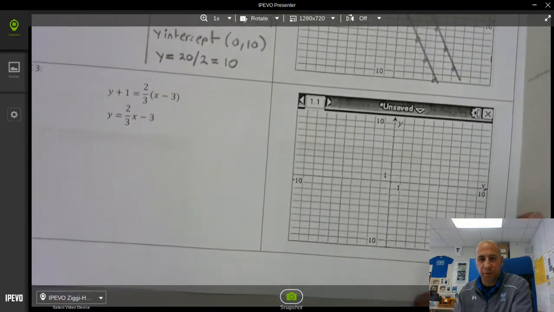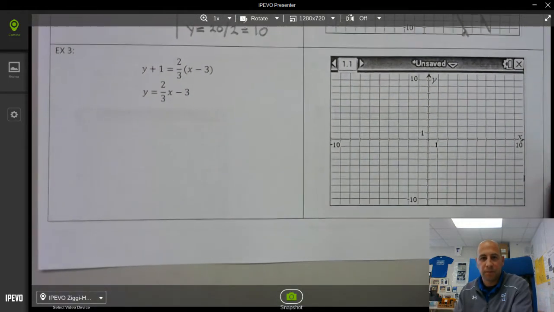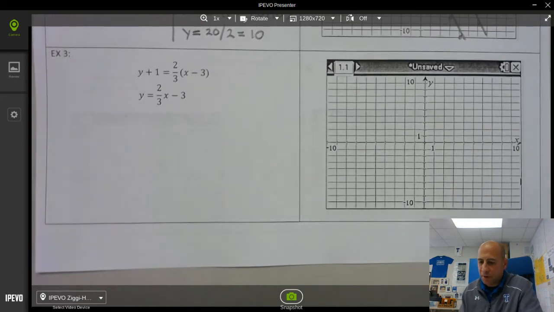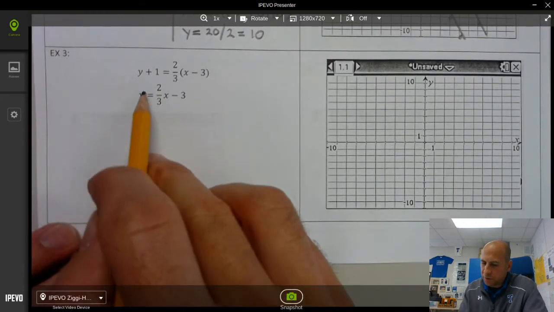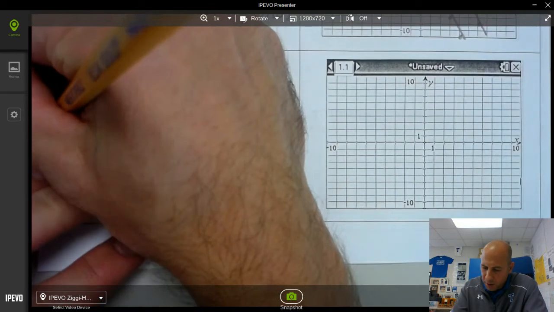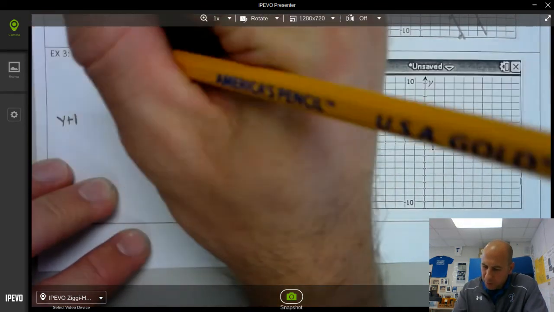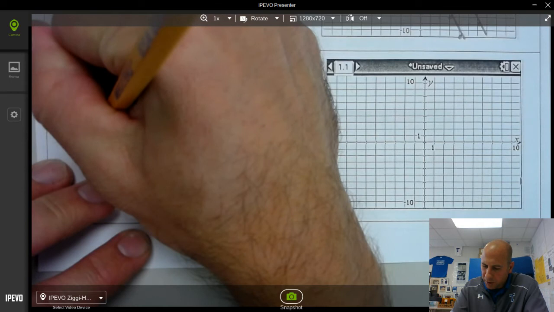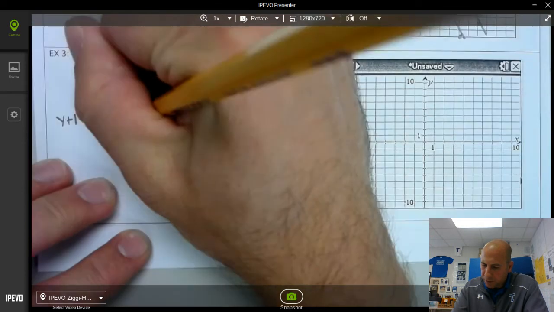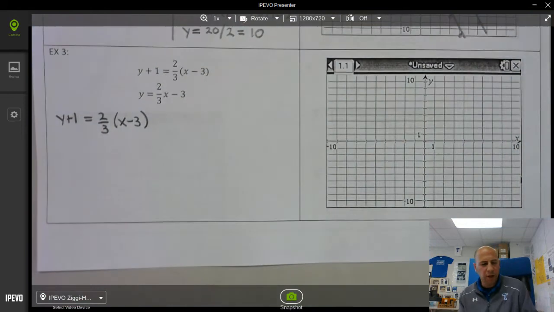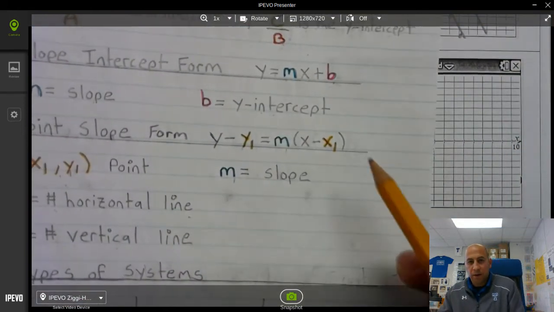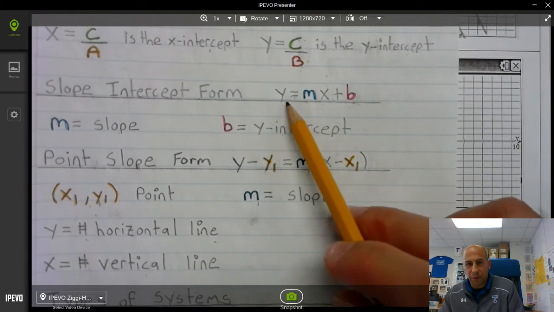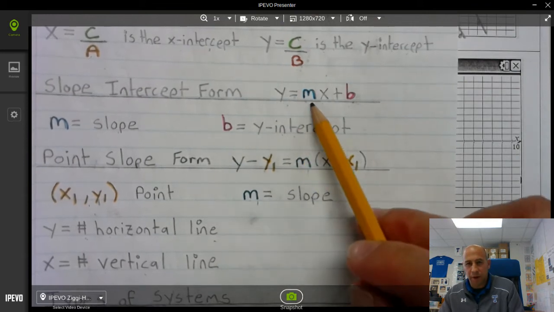All right, so let's look at example 3. The first thing, let's look at the first equation. So we have y plus 1 equals 2 divided by 3, x minus 3. Now looking at that, it's probably a good idea to do slope-intercept form because it's probably going to be easy to get into y equals.